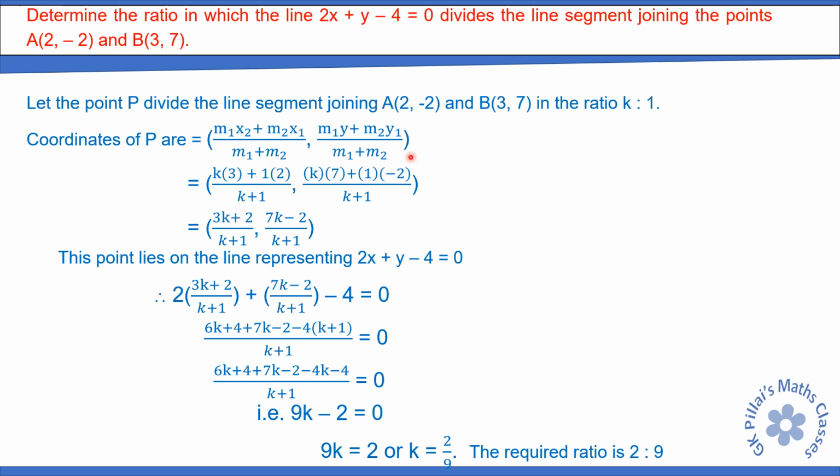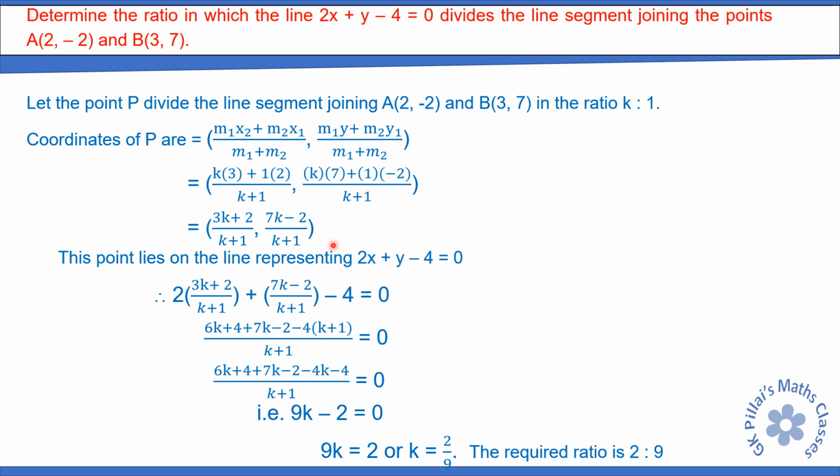We'll write the section formula, and using these three we will write here. K into 3 plus 1 into 2 upon k plus 1. Then k into 7 plus 1 into minus 2 upon k plus 1. When simplified, you will get this one.